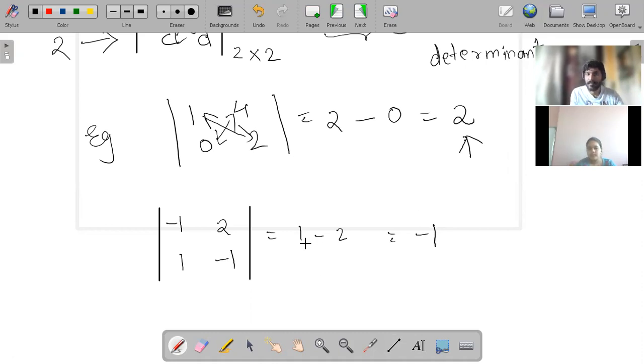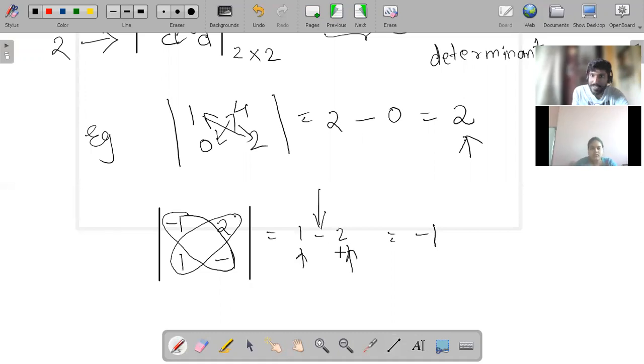We are doing subtraction. There's a minus sign here. So minus 1 into 1, you got 1. Minus 2 into 1, that is 2. And so it'll be 1 minus 2.